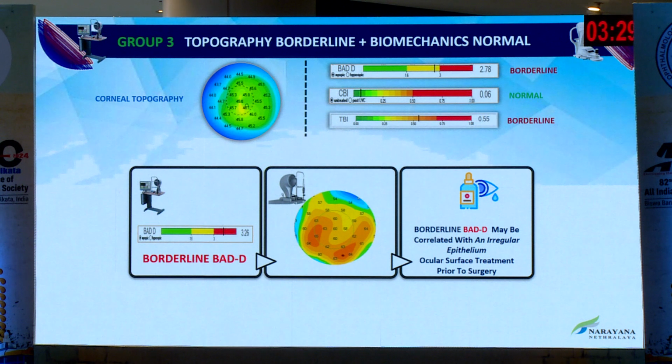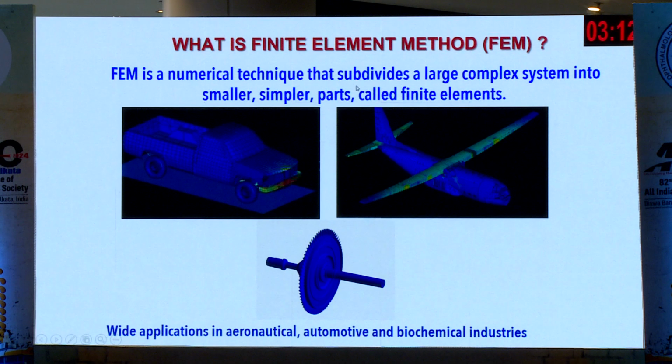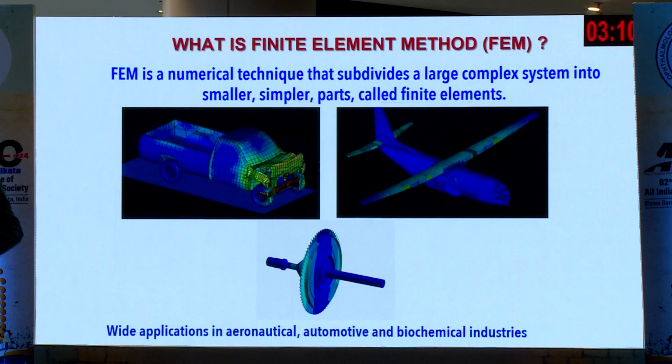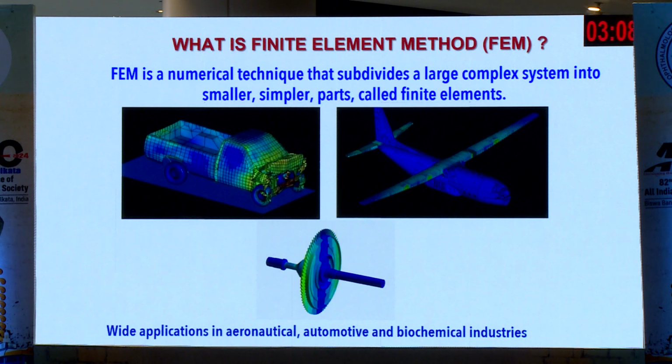The role of epithelium is very important because if you just use topography, the epithelium can induce all kinds of topographic abnormalities, and you can probably negate that by looking at the biomechanical parameters.